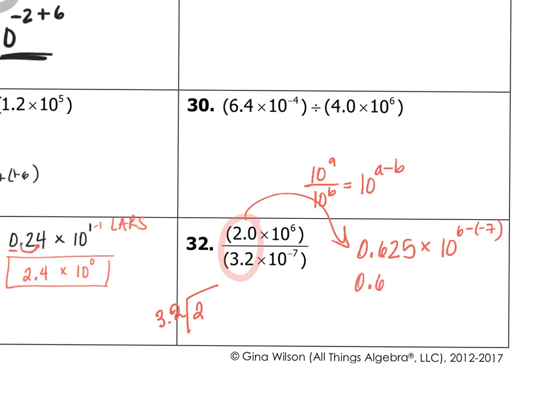So that's 0.625 times 10 to the 13th. Need to fix the scientific notation, so I'm going to move this to the right one. So I'm going to subtract 1. Left add, right subtract.